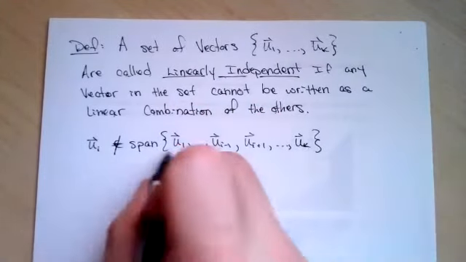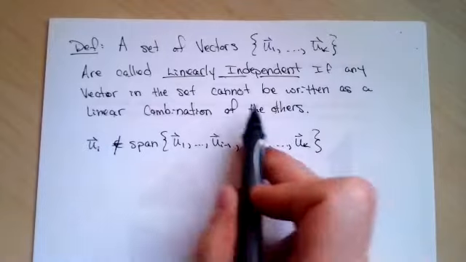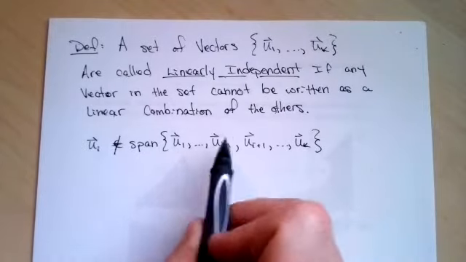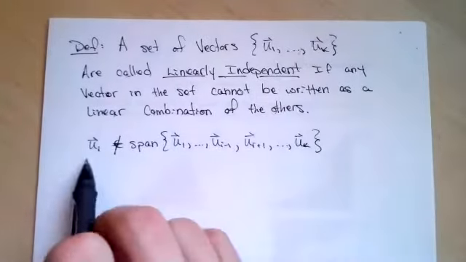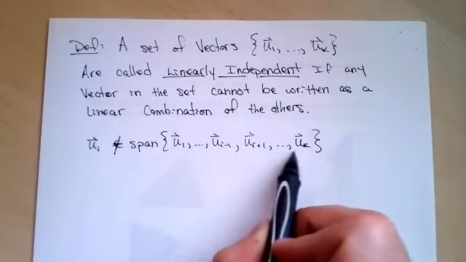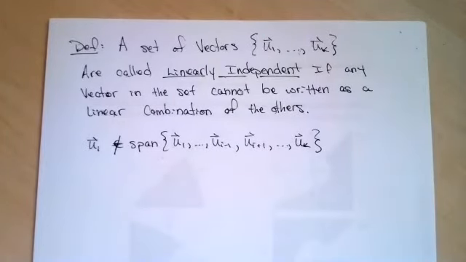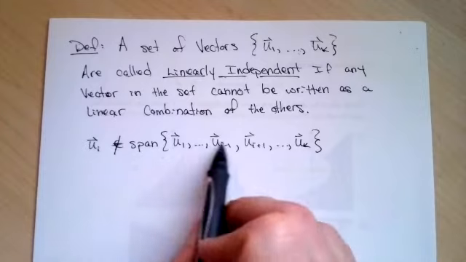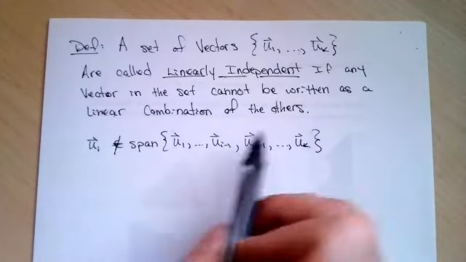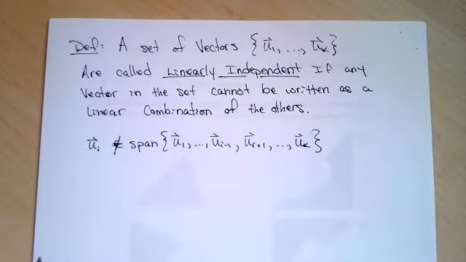Right? The span is the set of all linear combinations. So if we take one of the vectors out of the set and then look at the span of the remaining vectors, then the span of those remaining vectors will never hit the vector we left out. The vector we left out is not in the span.